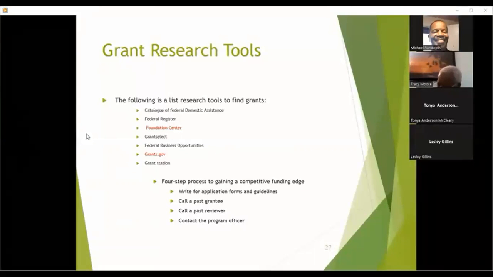Again, you can get all that information at the Foundation Center. So if you were going for a Bank of America grant and you found them through the Foundation Center, you can find out who was the grantee last year, the person that did the interview, and who was the program officer, and run your questions through those people.